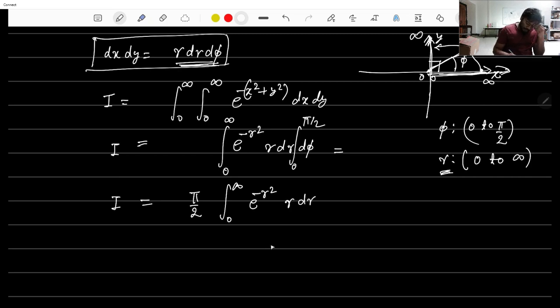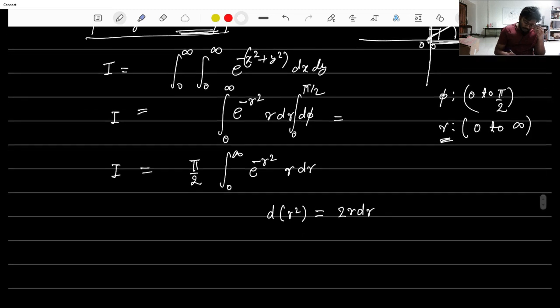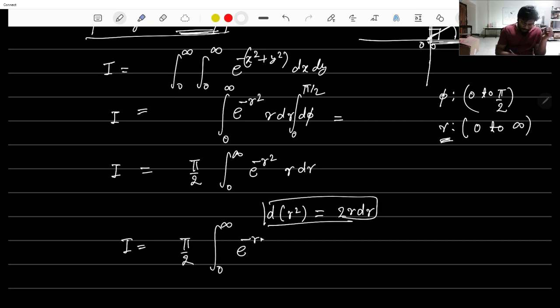Now, take the first derivative of r square, which is nothing but 2r dr, correct. If you understand this step, then you can just do a manipulation. So this will become the integral from 0 to infinity of e to the power minus r square, and this r dr will become d(r square) by 2. Do a substitution again.